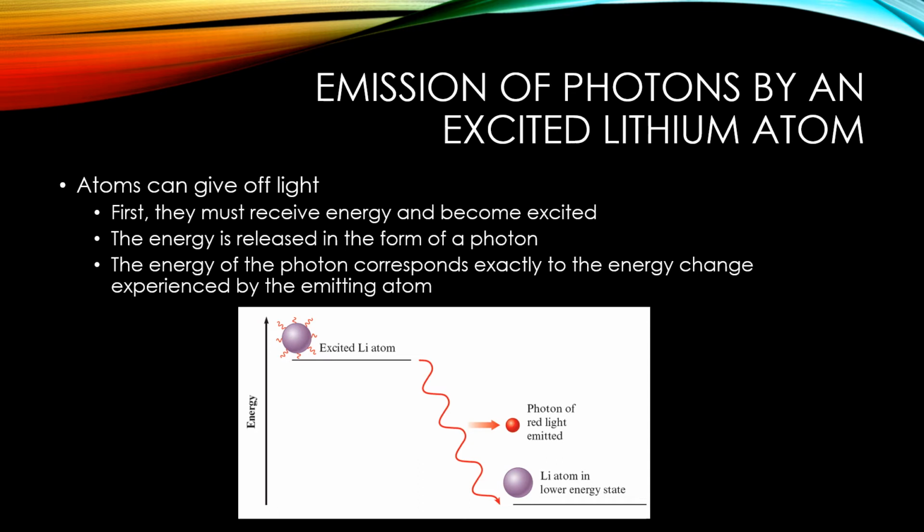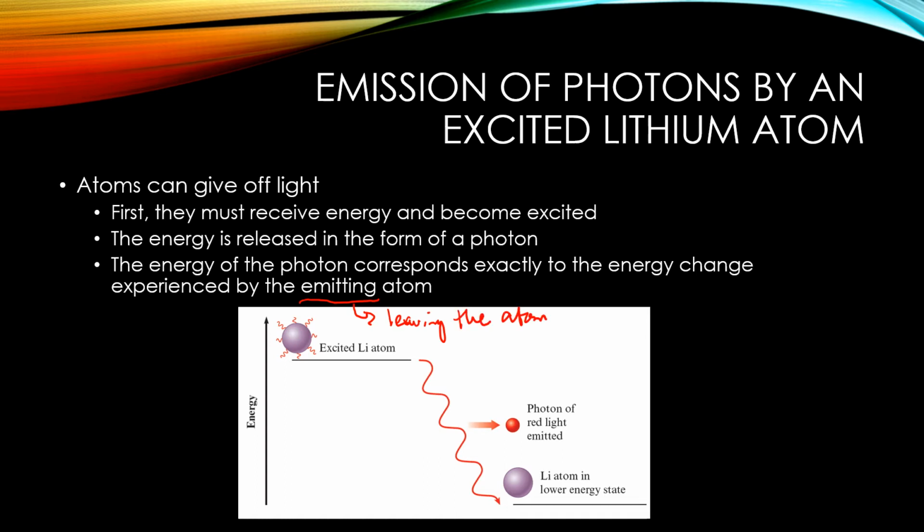The energy is then released in the form of a photon, and the energy of that photon will correspond exactly to the energy change experienced by the emitting atom. What we mean by emitting is that it is leaving the atom, so it's being ejected from the atom.